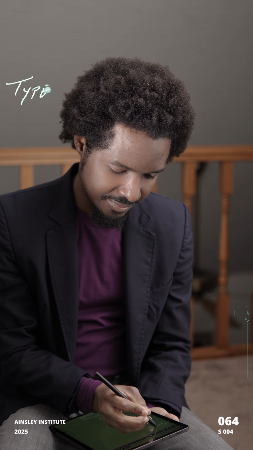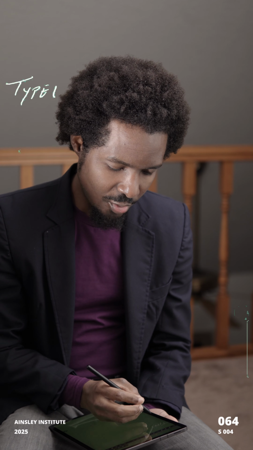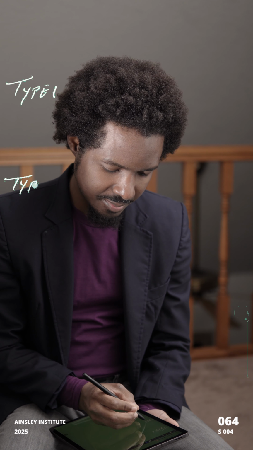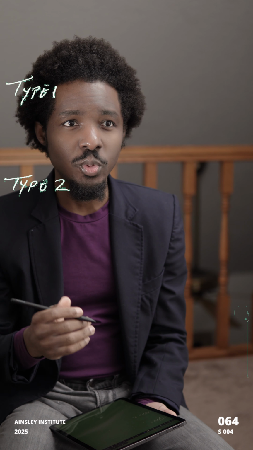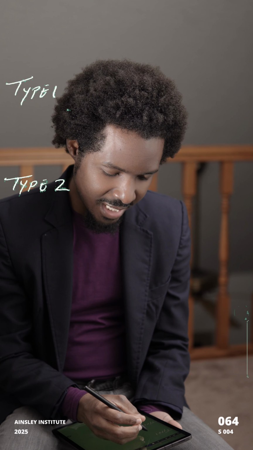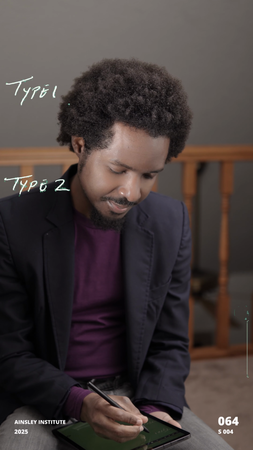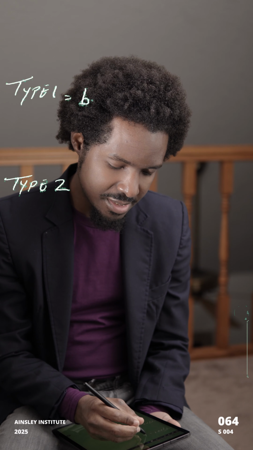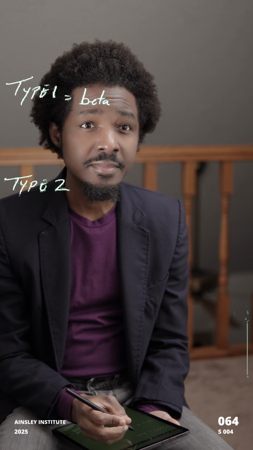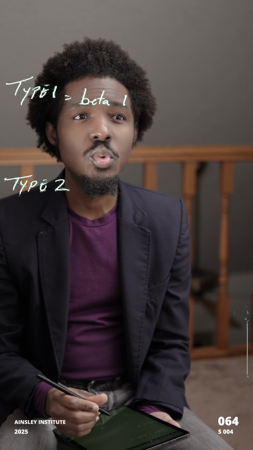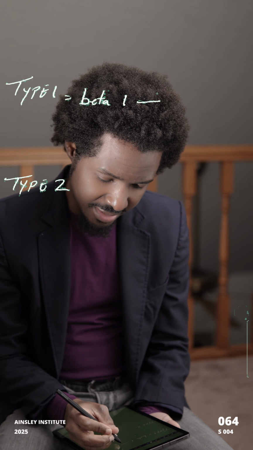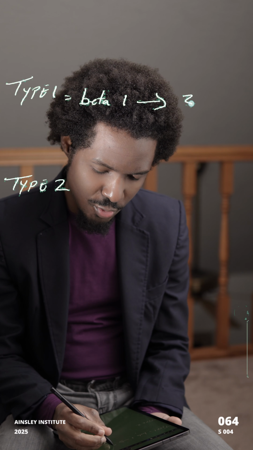So let us just put what we have stated. So we have type 1 and we have type 2. So type 1 is what we're talking about right at this very moment. For type 1 we're going to have beta 1, which is going to link to 3.